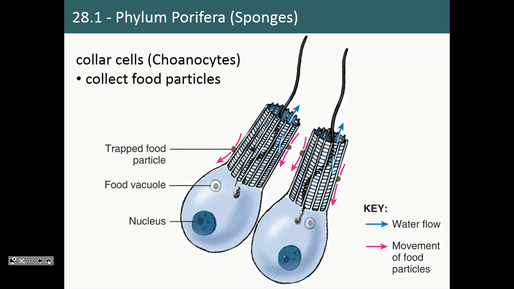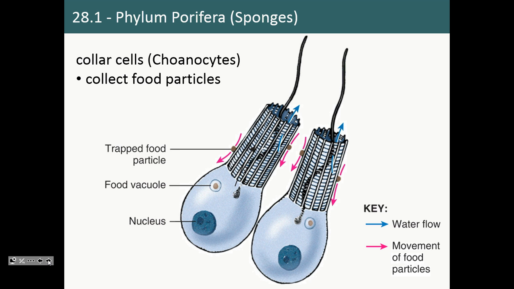The individual collar cells, or the choanocytes, are the feeding cells, and they are embedded all along the inside of that chamber with their flagella pointing into the open space where the water is flowing through.